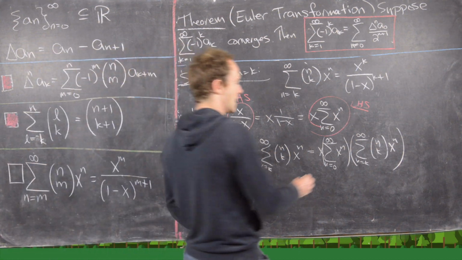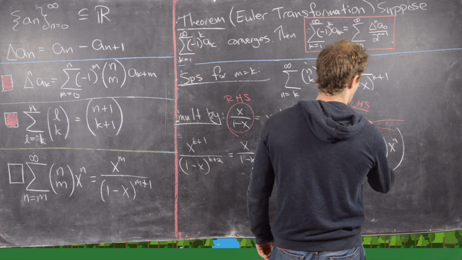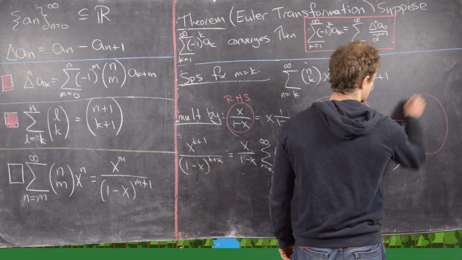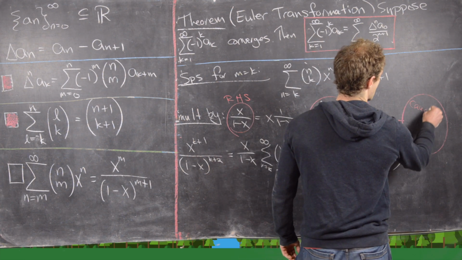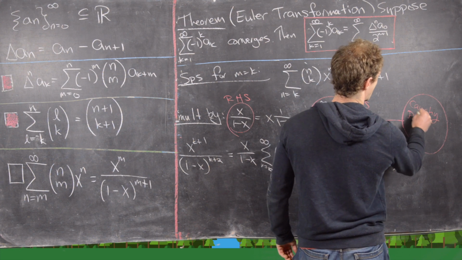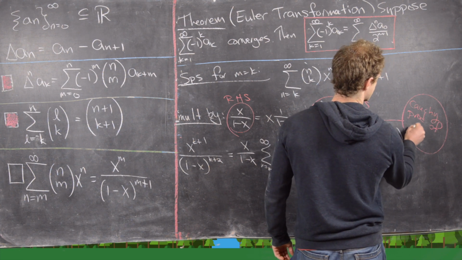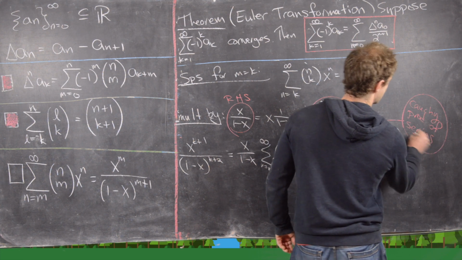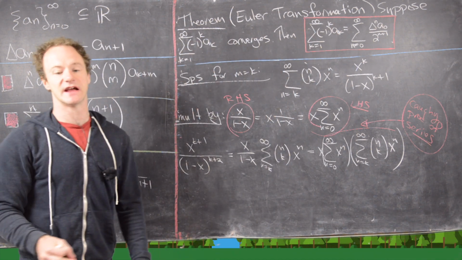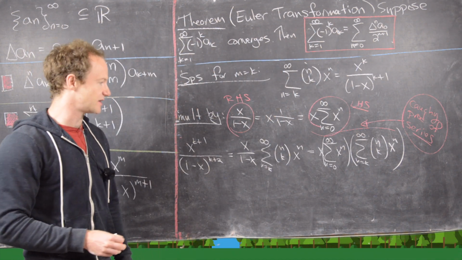Now I'm going to gloss over a little bit of the details, but if you look up the formula for the Cauchy product of series, that'll give you an idea how to take the product of these two infinite series.